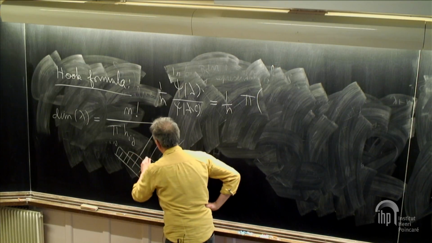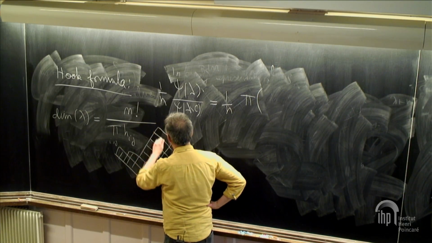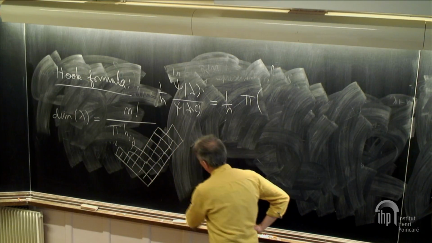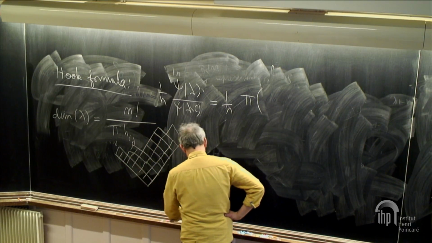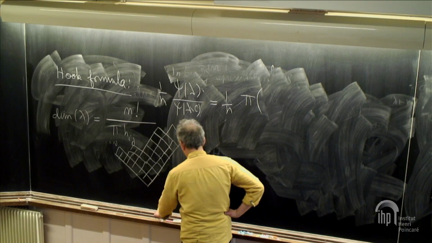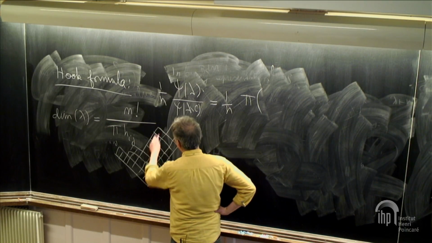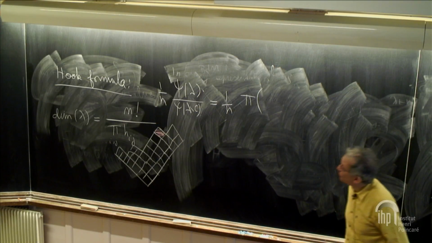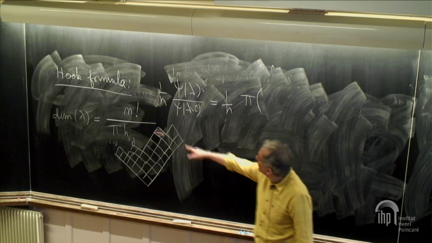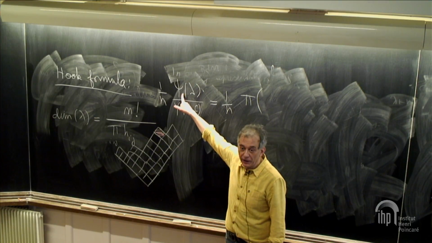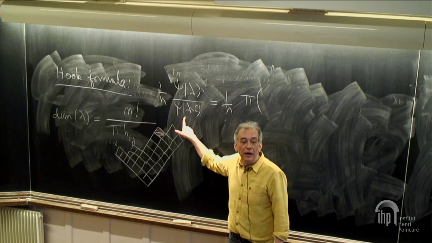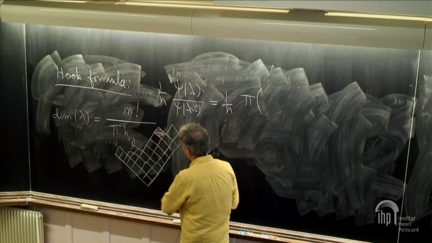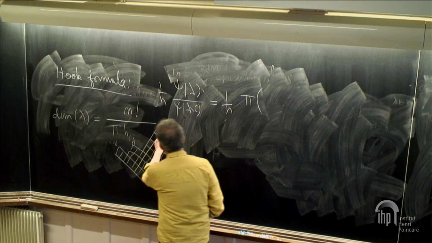I'll draw a larger picture, like that. So my corner is here, say. So when I compute the hook length on the large diagram and on a small diagram, I get the same thing except here.